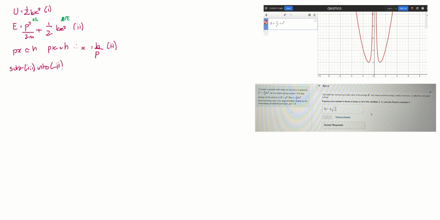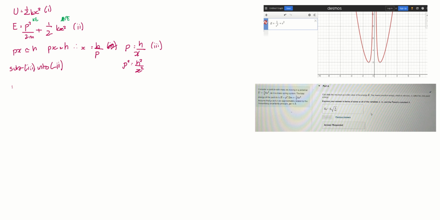Actually, we don't need that, ignore what I just said, we need p equals h over x, and that is equation 3. That's just another equation. We're going to sub 3 into equation 2, which is good news. So if we stick that in the equation, we know that p squared equals h squared over x squared, and we can stick that in there.